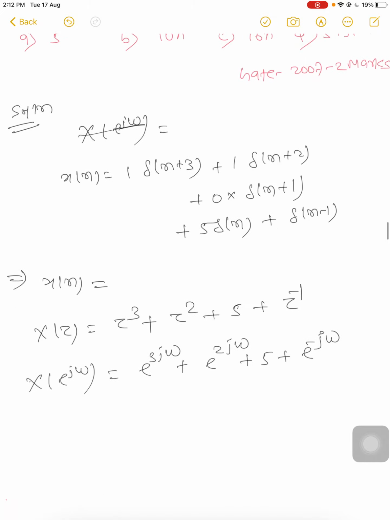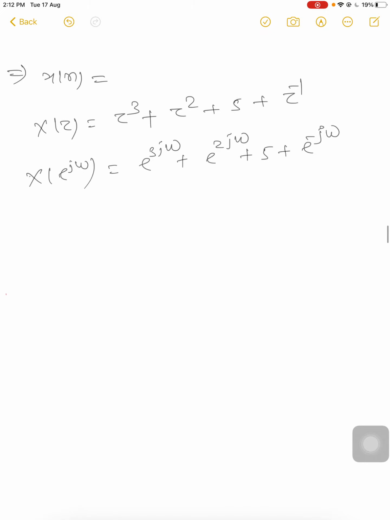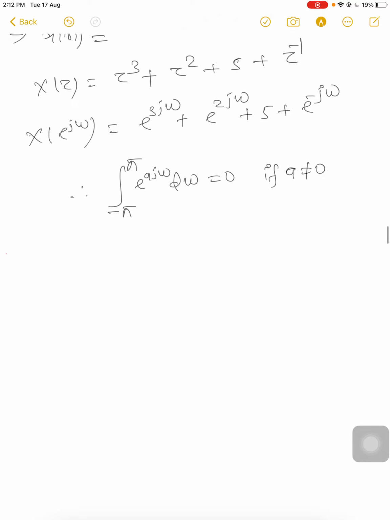Then, asking for the integration, we know that the integration from −π to π of e^(ajω) dω is equal to 0 if a is not equal to 0.